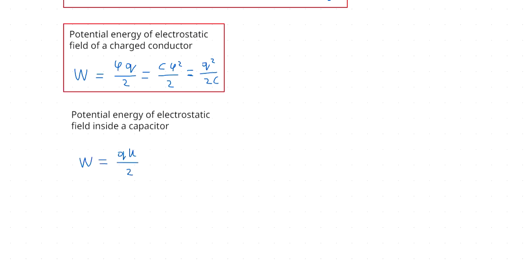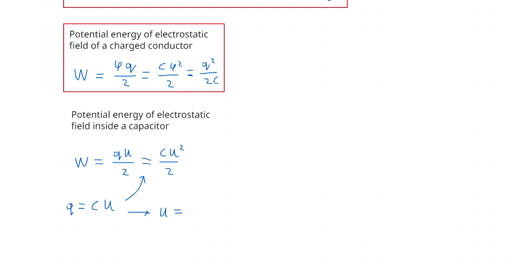And of course, for a capacitor we have that its charge is equal to its capacitance multiplied by the potential difference. So this formula can be written in another way: C U squared divided by 2.